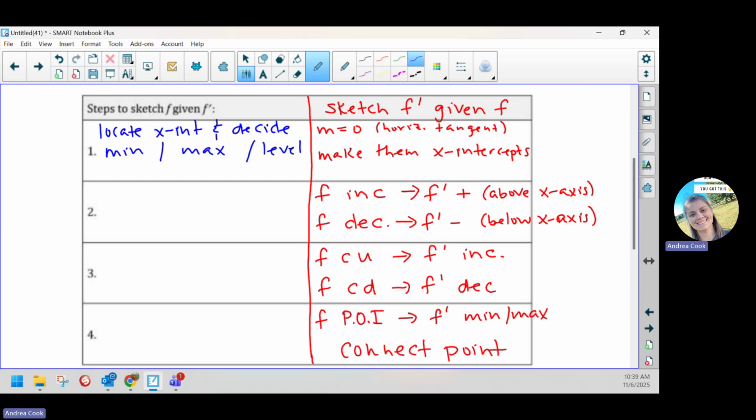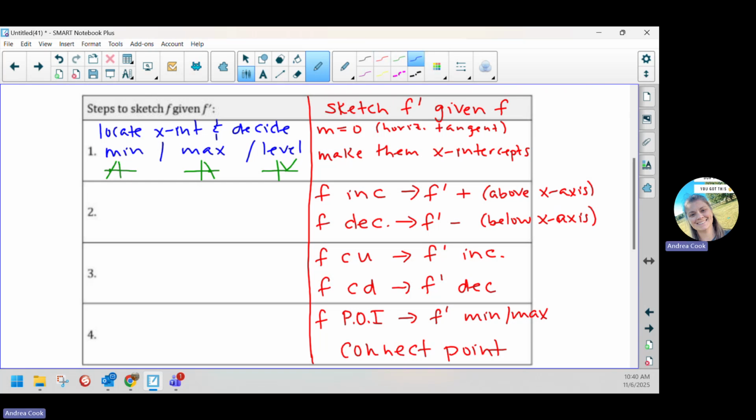So again, if you think about a graph of f prime, if your x-intercept is going from below to above, that's going to create a minimum. So that's what your derivative would look like. A maximum is when your x-intercept goes from above to below, and a level point would just bounce off. So that's how you decide what the x-intercepts are going to be.